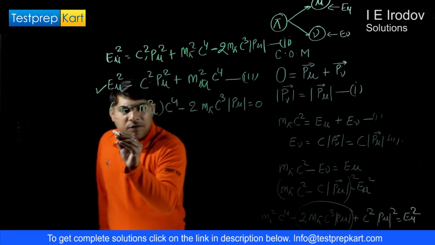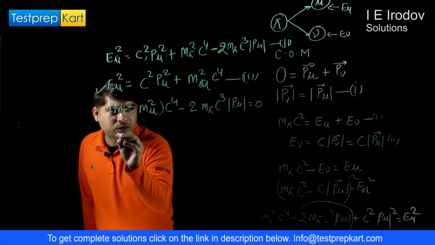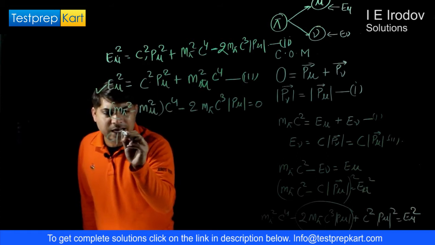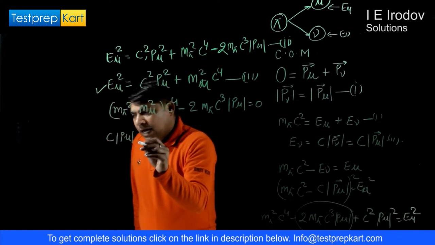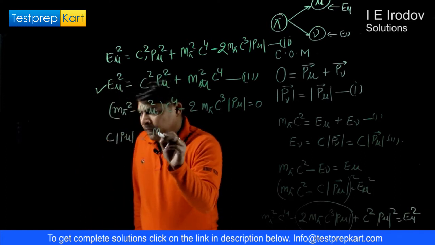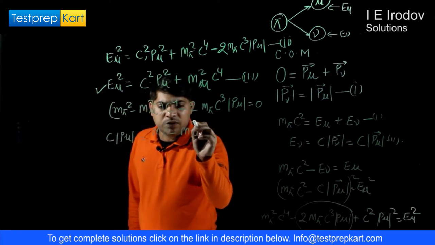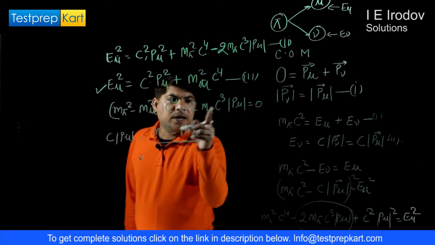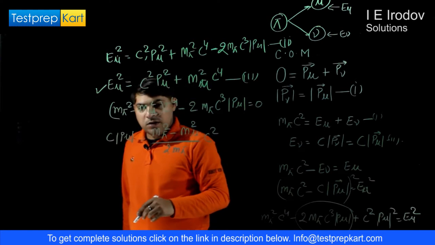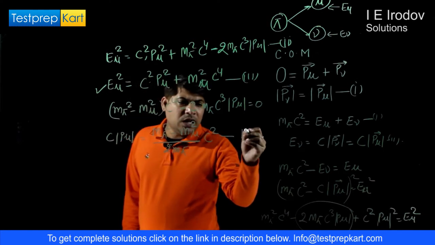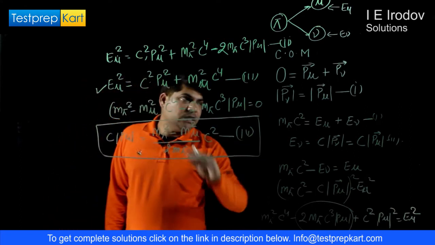So we can write the value of c into P mu, what we exactly want to calculate, that c into P mu can be replaced as m pi square minus m mu square divided by 2 m pi into c square. This is our fourth equation, which is the most important part in this case.